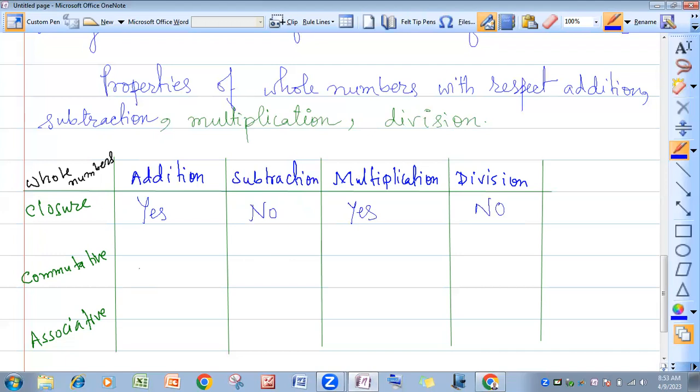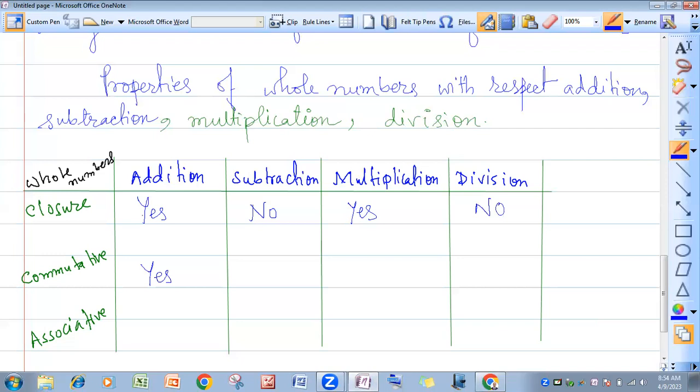Similarly, the commutative property: suppose two whole numbers 2 and 3, so 2 plus 3 and 3 plus 2 both give the same value. So that's why with respect to addition, whole numbers are commutative.